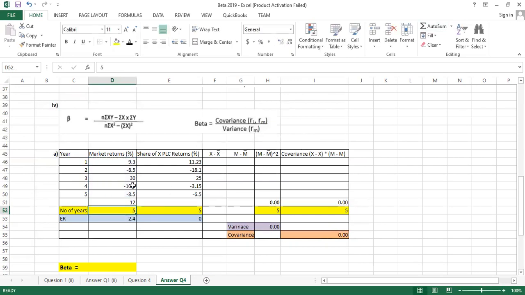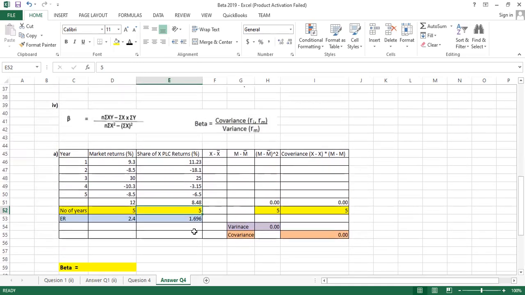So total of market return is 12%, then divided by number of 5 years. So market expected return is 2.4. Likewise, we can calculate the shares of XPLC expected return. We want to get the total. So total is 8.48, then divided by 5 years, 1.696. So expected return we calculated.